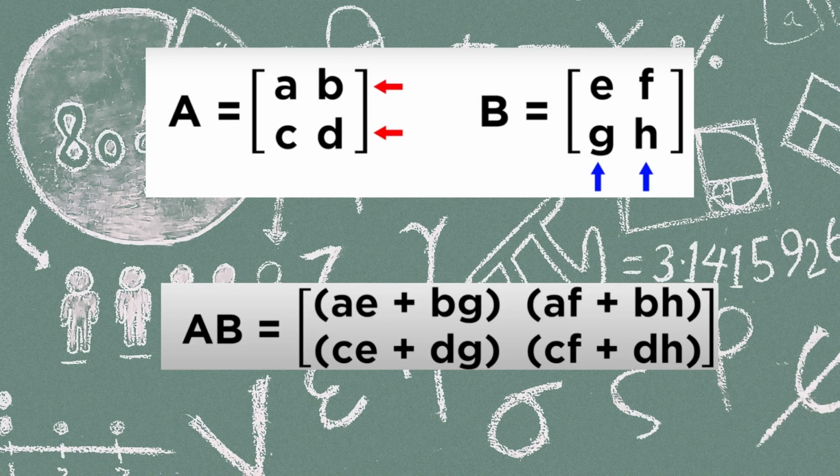So this is another example, but the first thing we should make sure is that the number of columns in the first matrix equals the number of rows in the second. We take the first row with the first column and do the multiplication.